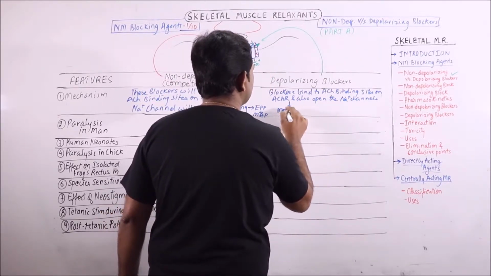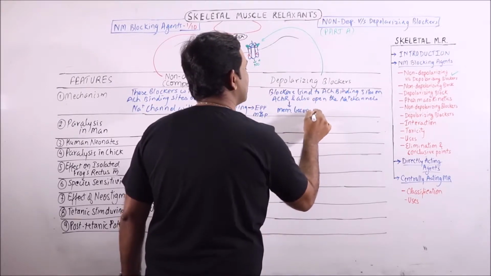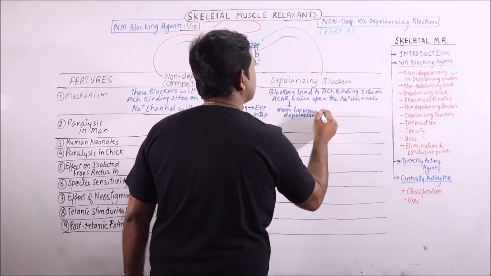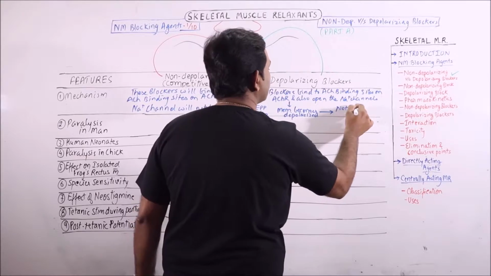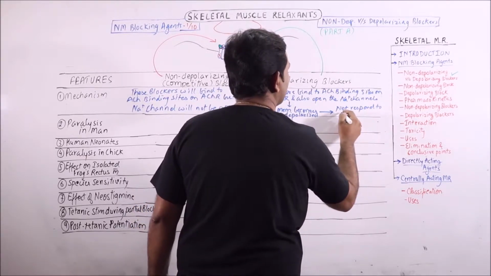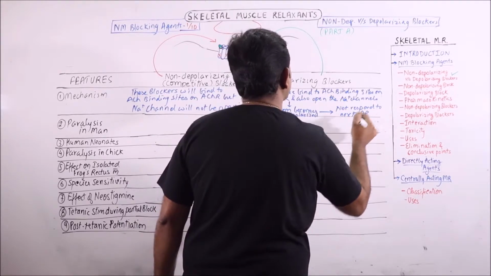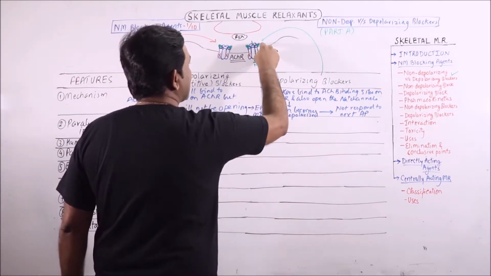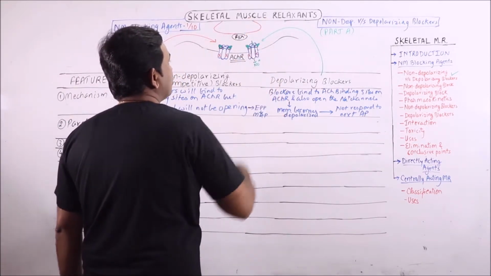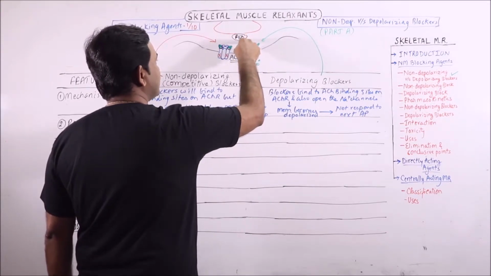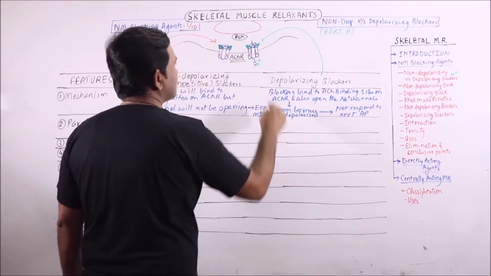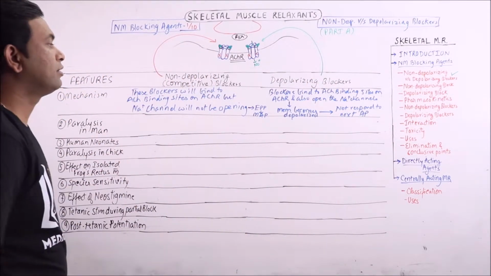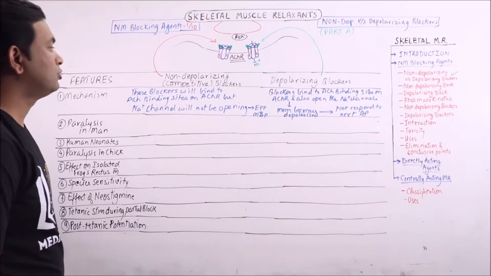Because of this, membrane becomes depolarized and will not respond to next or further action potentials, because these blockers are not having any enzyme which will hydrolyze them. For example, acetylcholine esterase will hydrolyze the acetylcholine, but these blockers are not having any type of hydrolyzing enzymes in the synaptic cleft, so they will remain there for a longer time and they will not respond to next action potential.